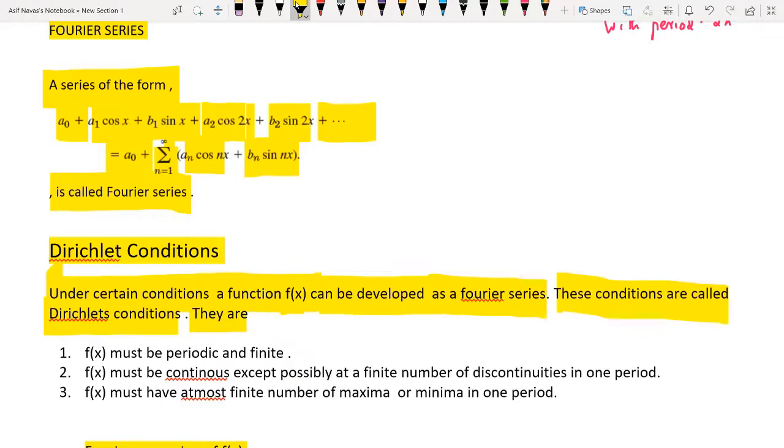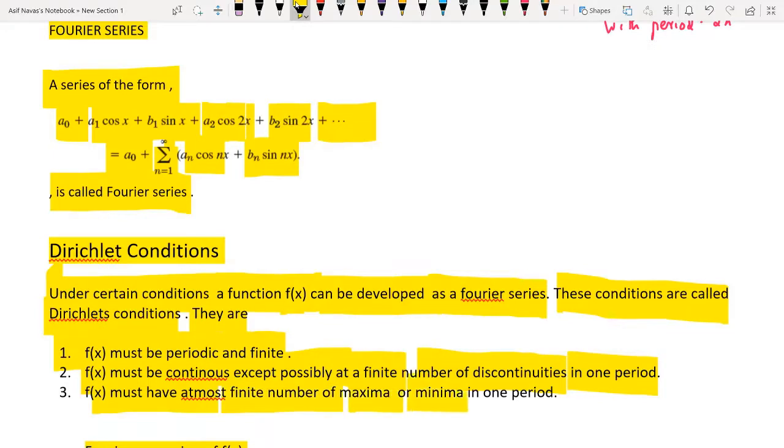They are, first one, f of x must be periodic and finite. Second condition, f of x must be continuous except possibly at a finite number of discontinuities in one period. And third one, f of x must have at most a finite number of maxima or minima in one period.